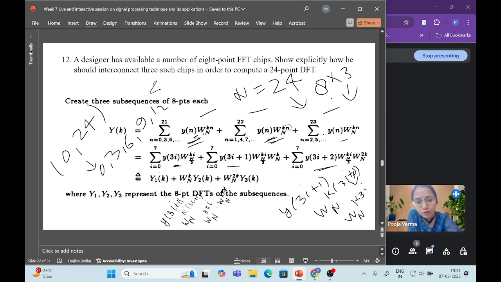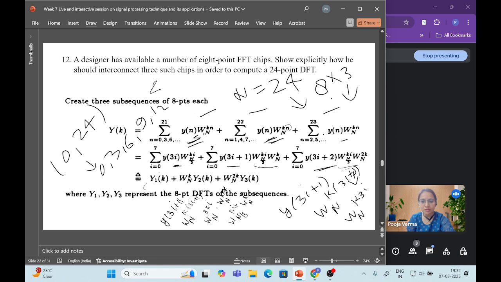So W_N^{k} will remain the same. Okay, and this part we can write, if we take here ki into N by 3, we can write it into W_N^{k}. So we can write it like this. Similarly in this way also, that will be the common factor here, W_N^{k} Y2(k) if you put in, and similarly W_N^{2k} Y3(k).